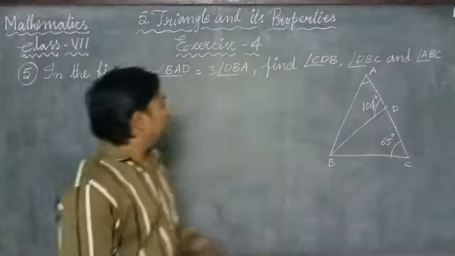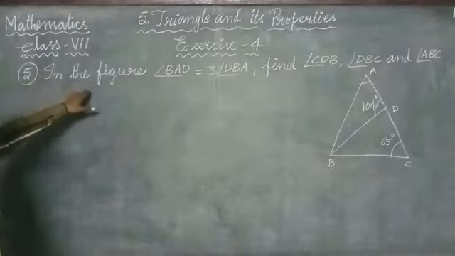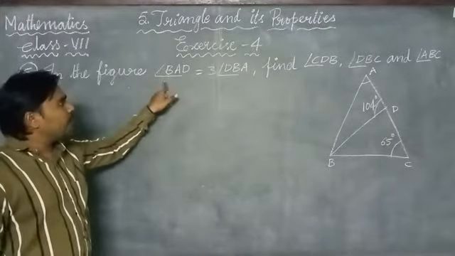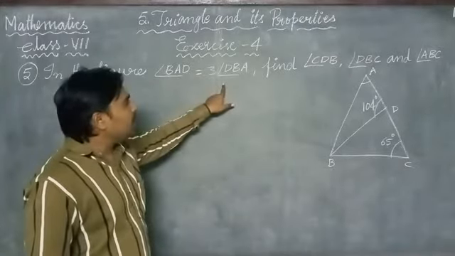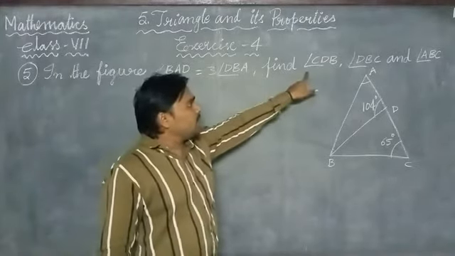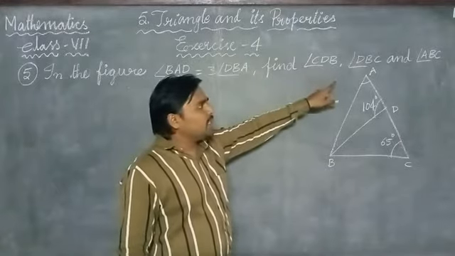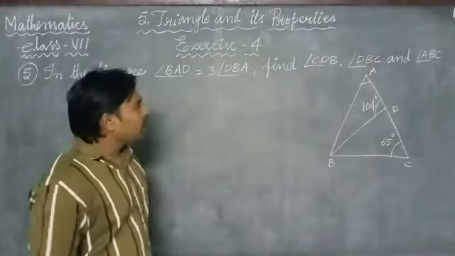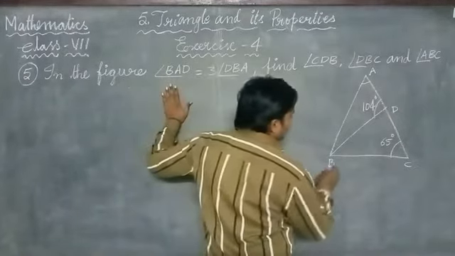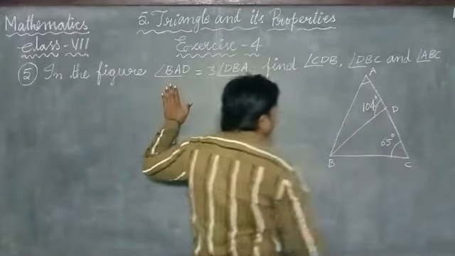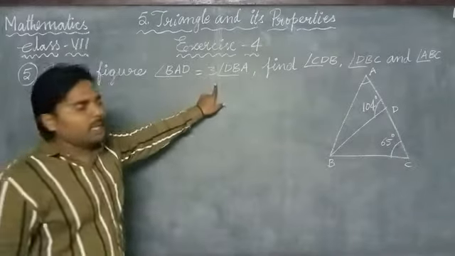Okay, now let us see the fifth problem. In the figure, angle BAD equals 3 times angle DBA. Find angle CDB, angle DBC, and angle ABC. Here they have given angle BAD equals 3 DBA.